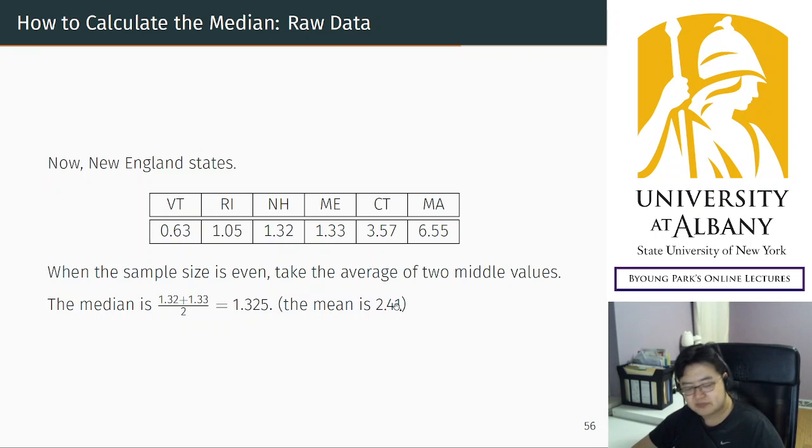So as you see, this is how we calculate the median, and the idea is pretty simple. Just choose the middle one. If there are 100 observations, you have to find the 50th and 51st smallest or largest observations and find their middle value. That's how we find the median.